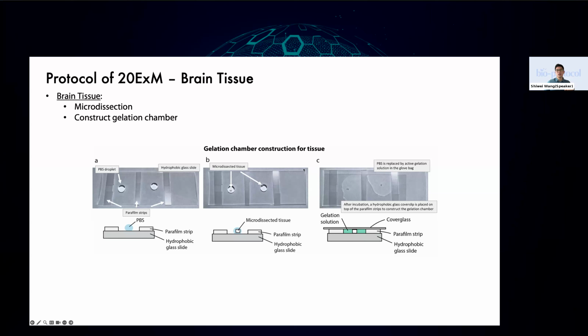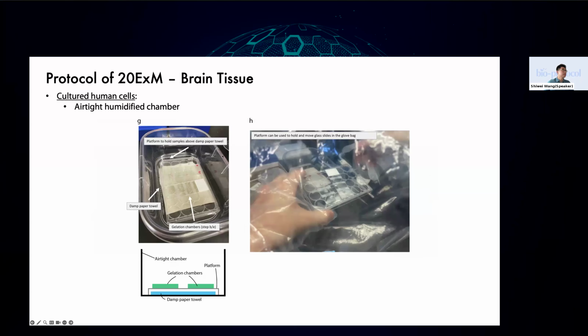When you're inside the glove bag, you just need to remove the PBS without removing the tissue, and then add in gelation solution, and place the cover slip on top to finish the construction of the gelation chamber. Similarly, we put the gelation chamber into the airtight chamber, and all of the steps following are going to be similar.